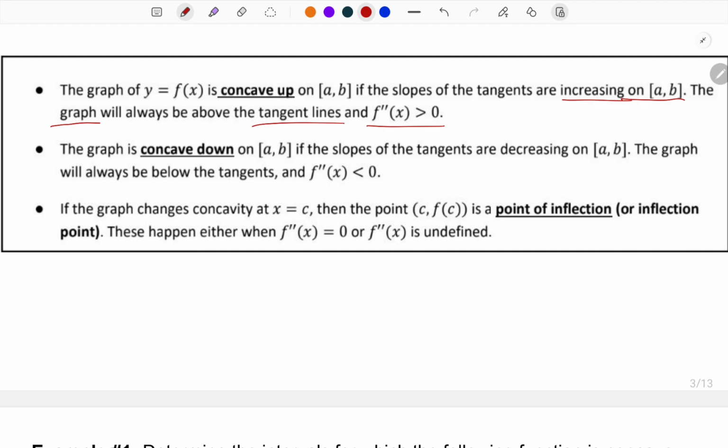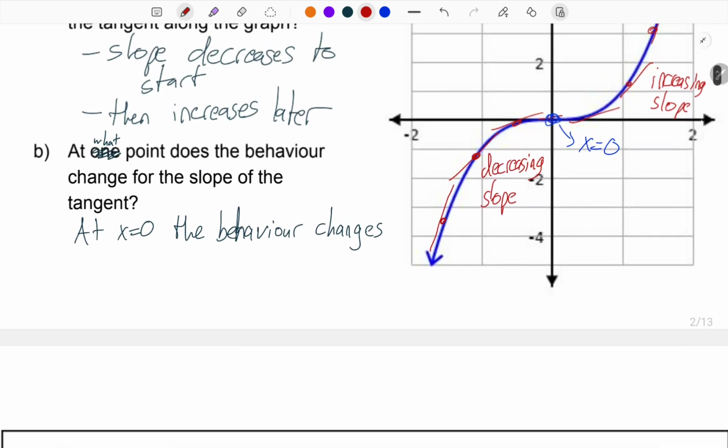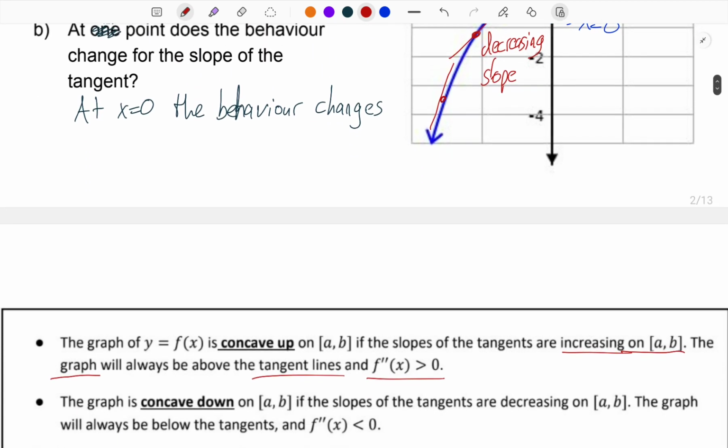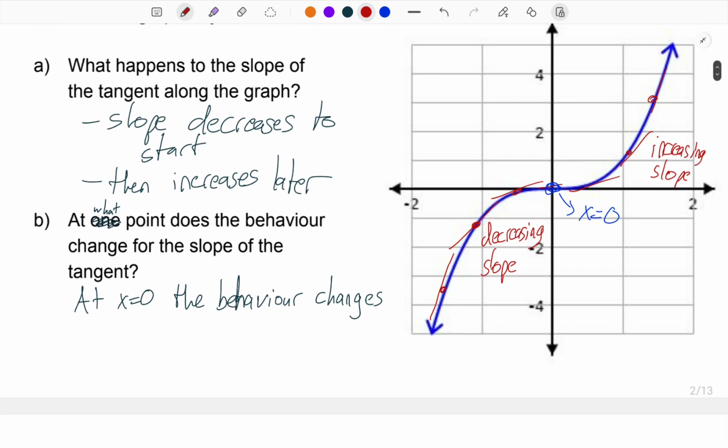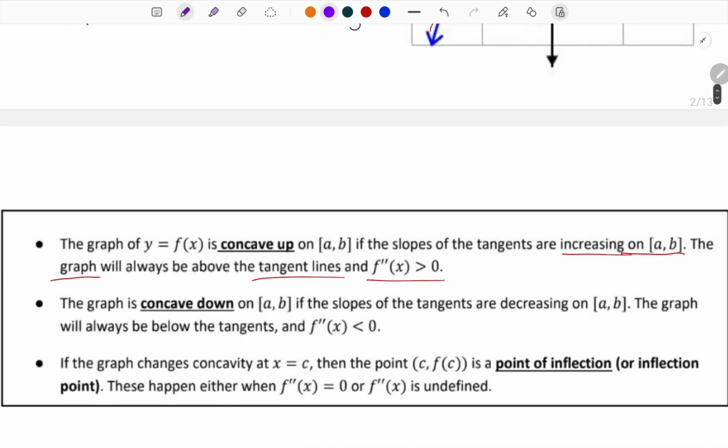And the second derivative will be positive. So let's just go back to that one up above. If we're talking about concave up, you'll see that on the right side of this graph, the slopes are increasing. Those tangent lines that I drew are below the graph, so we'd say that's concave up.